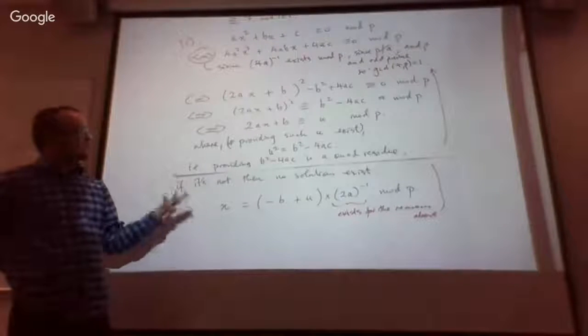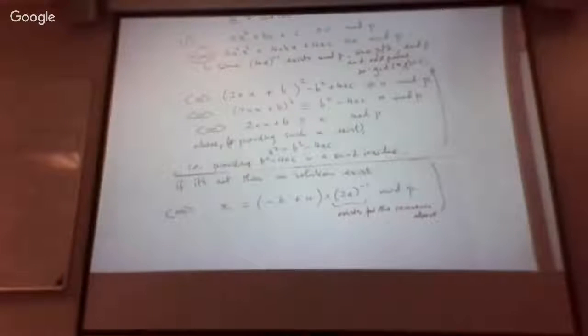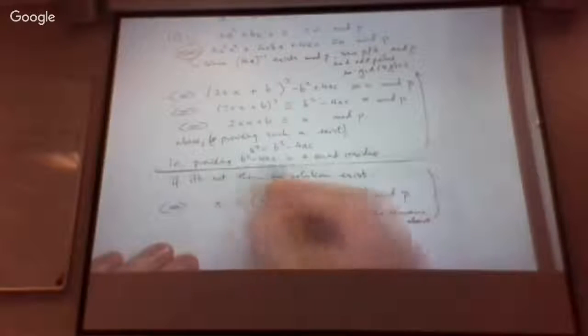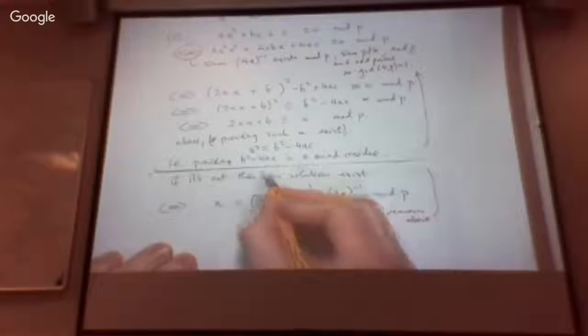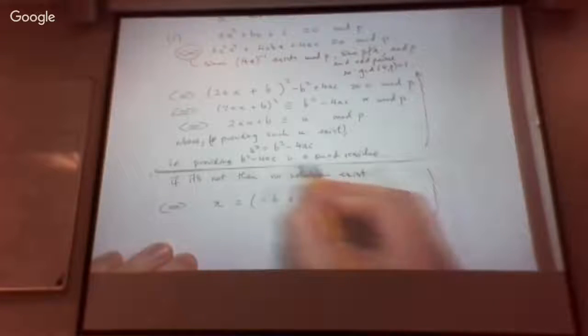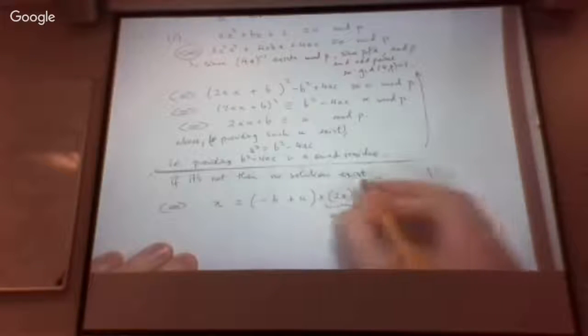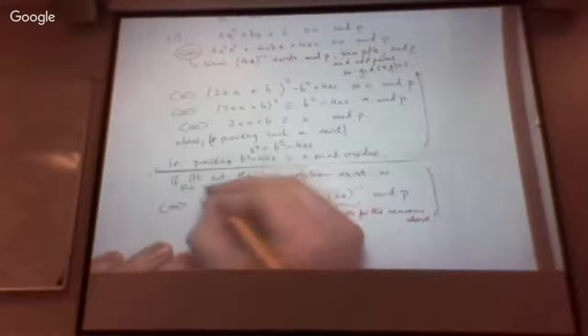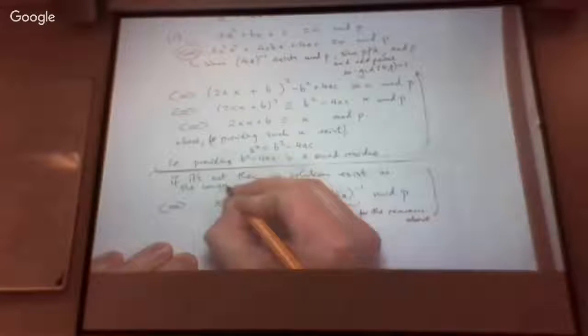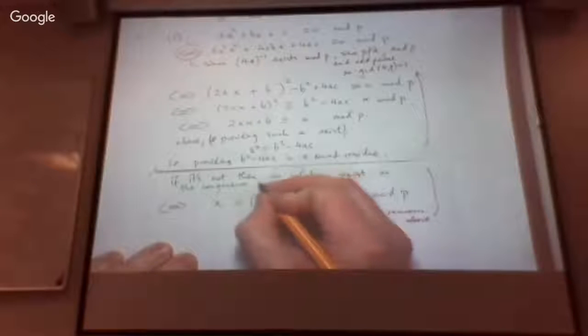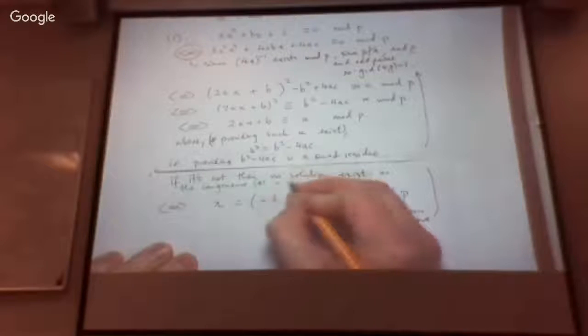If those u's do not exist, then, just to make it clear, if b squared minus 4ac is not a quadratic residue, no solutions exist, as the congruence star is clearly false.